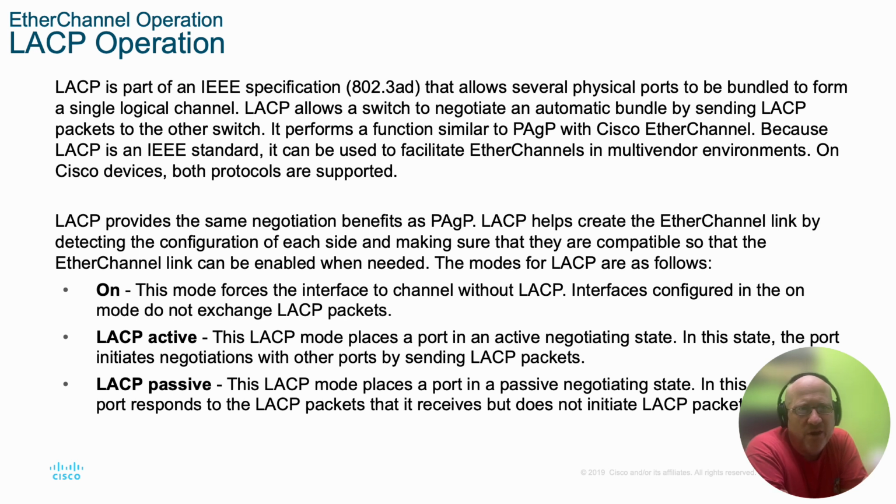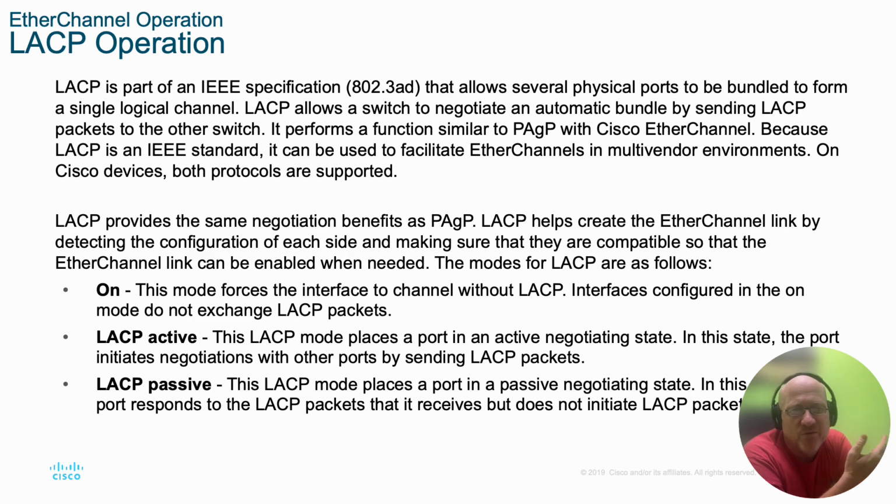LACP, as part of the IEEE 802.3ad, cunningly named standard, is very similar and behaves almost the same way as PAgP, but obviously it's designed for a multi-vendor network where you are going to be connecting to other manufacturers' switching or routing devices, because routers with switch port interfaces or NIM network modules will be able to handle this as well.